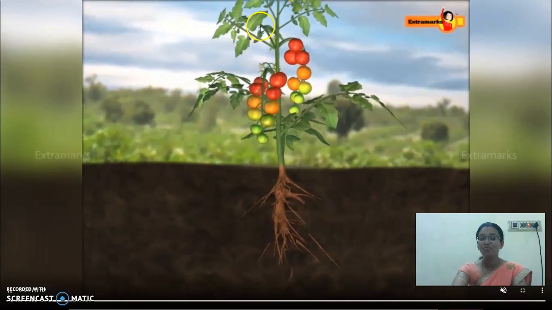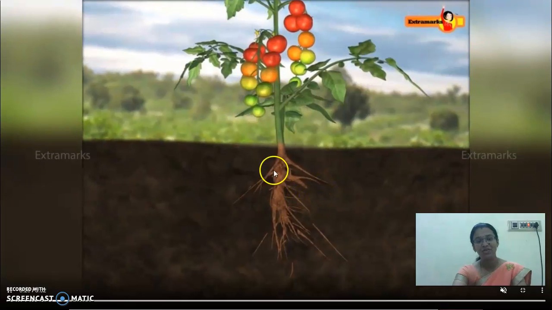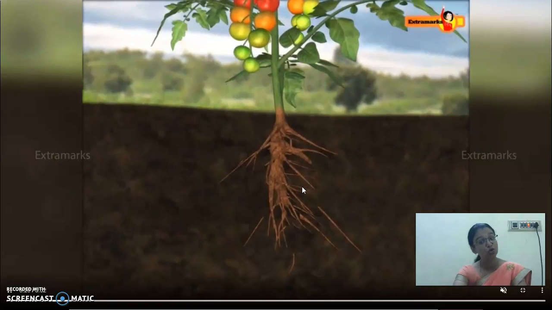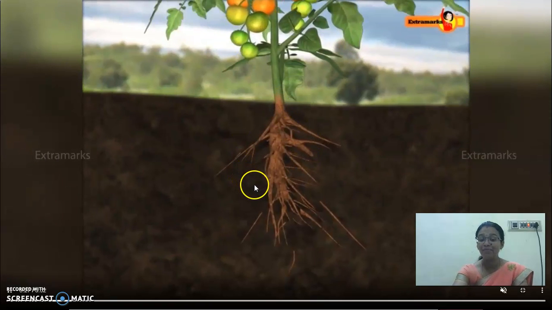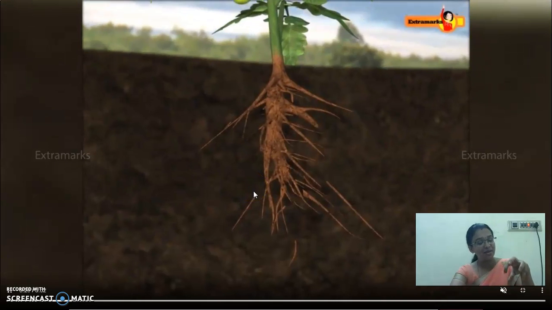Look at here, this is a plant. You are able to see the structure of the plant here. What is this? It is root. It helps to support the plant and fix the plant in the soil.